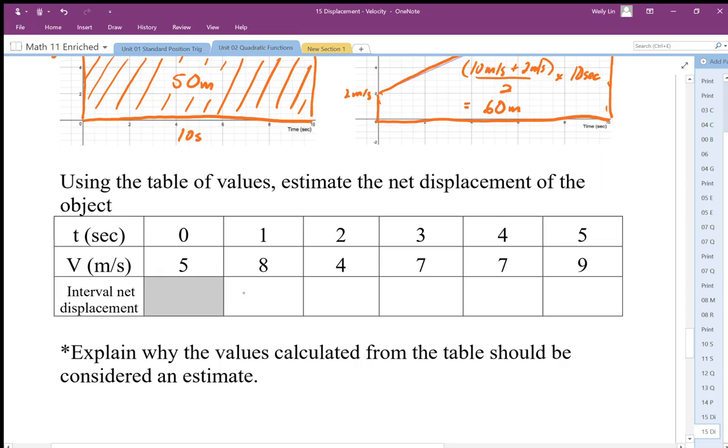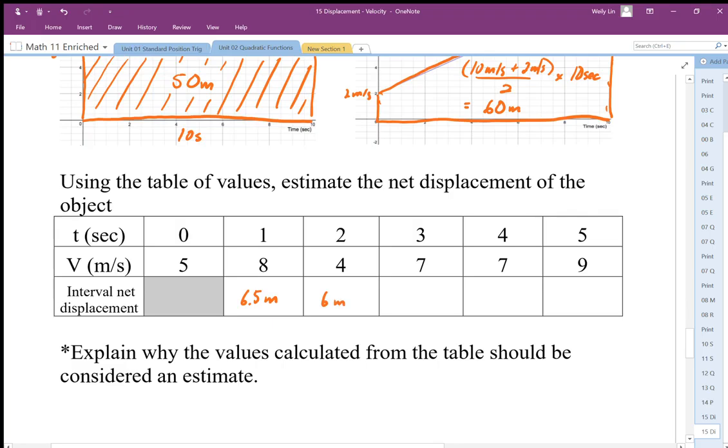And so for 1 second at 6.5 meters per second, the displacement is 6.5 meters. From here to here, our average velocity is going to be 6 meters per second, and that's over a time interval of 1 second. So we're going to say the displacement here is 6 meters.